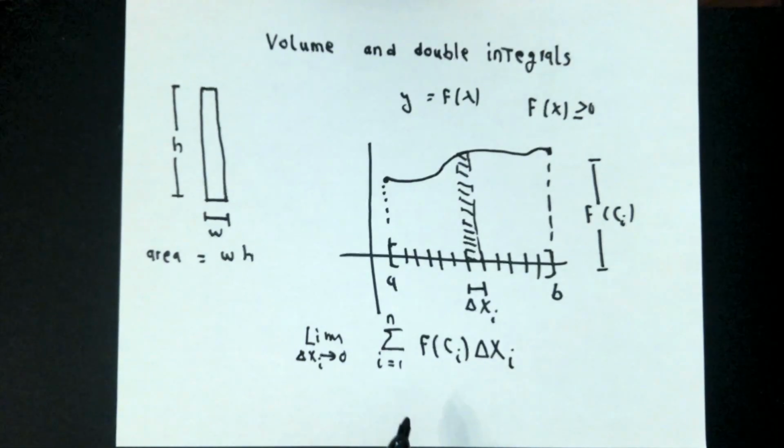Then we add up all such estimates, and to make the estimates better, we take the limit as all of the delta x's tend to 0.